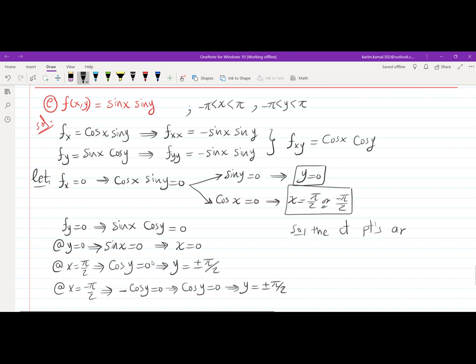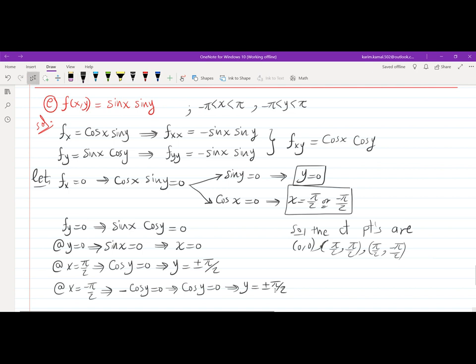first of all, this one, which is 0 and 0, and pi over 2 and positive or negative pi over 2. Then pi over 2 and pi over 2, and pi over 2 and negative pi over 2, and at the last line x equals negative pi over 2, at which y equals positive or negative pi over 2.